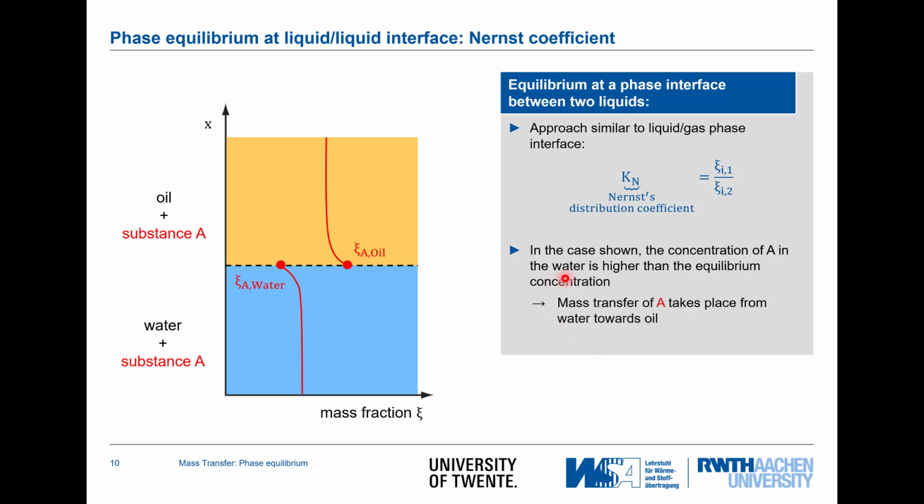And this means the mass transfer of substance A takes place from the water towards the oil. So we will work with that in our exercises to give you a feeling for what kind of values are possible for the Nernst distribution coefficient or the Henry coefficient.